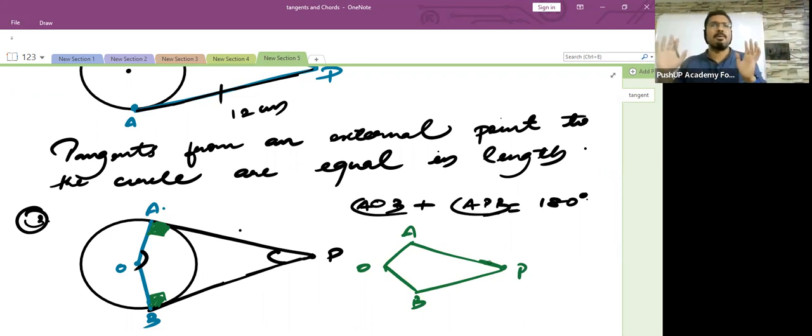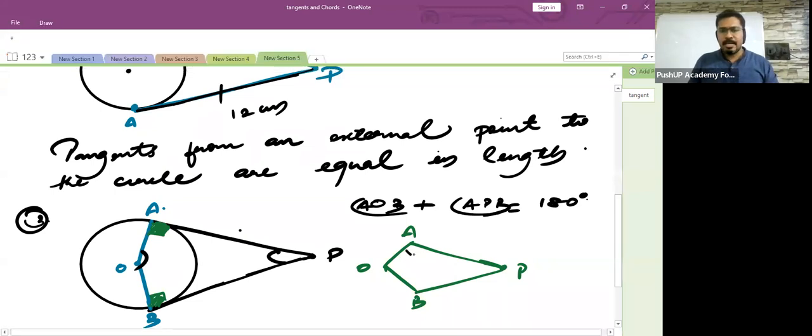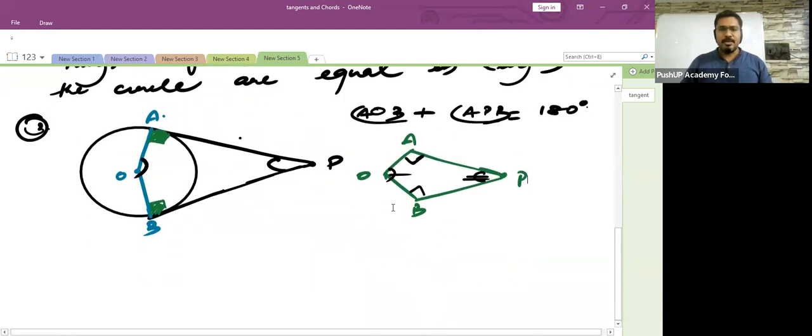Bare minimum I know it is a quadrilateral. In this quadrilateral, this angle is 90 and this angle is 90. So it's quite obvious that the sum of the remaining two angles in this quadrilateral should also be 180 degrees, because angle A plus angle B is 180.